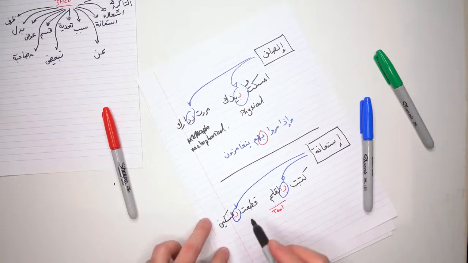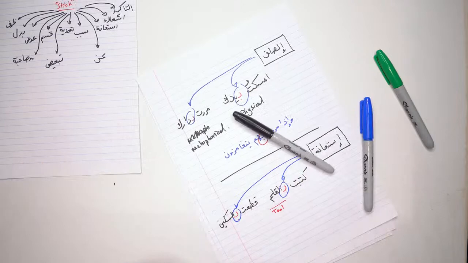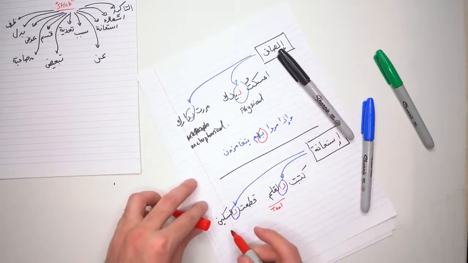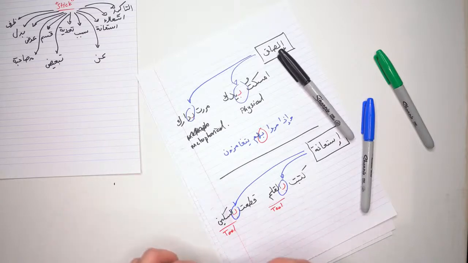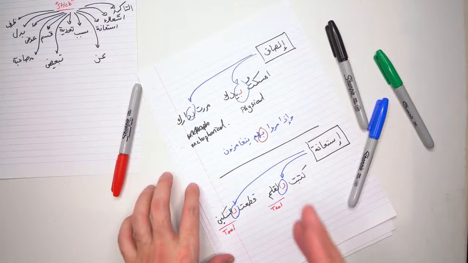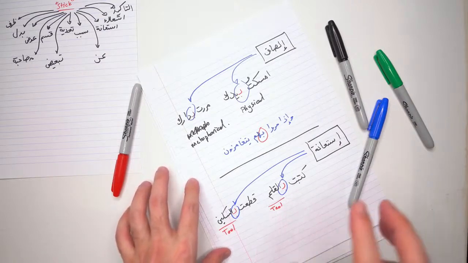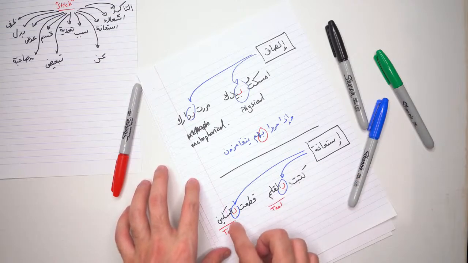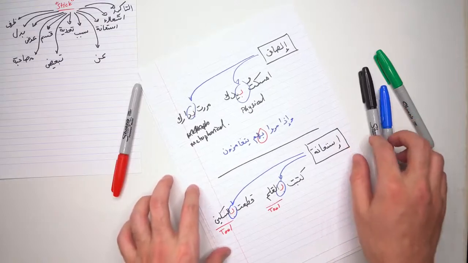So I cut, and what did I use for help? I used a knife, sikin. So this is the tool. As you can see, the meaning of ilsaq is found inside of this, because the cutting took place, and you had the pen with you, and you had the knife with you. You get this idea of ilsaq.